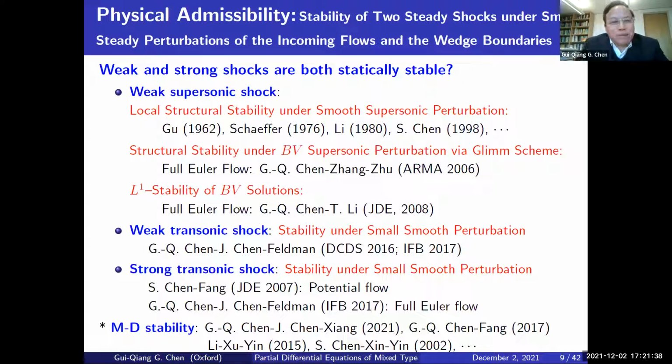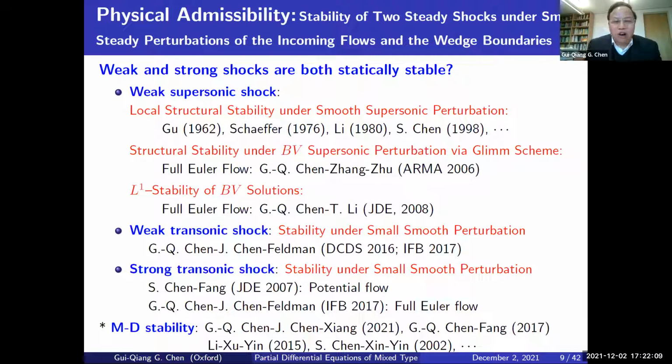Actually, for weak supersonic shocks, the first result was by Gui-Qiang Chen from Fudan University, about local structure stability. Then Schaeffer, Li Dajun, and Su Xinzhen discussed the stability of the weak shock locally. This is all stable. It turns out they can now prove it even for much weaker perturbations like BV perturbations, still stable, even globally.